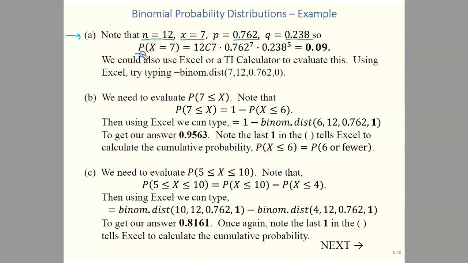So the probability of finding 7 out of 12 drivers wearing seatbelts is going to be 12C7 times 0.762 to the 7, that's p to the x power, times q to the 12 minus 7, or 0.238 to the 5th power. And if you evaluate this, you will find that you get 0.09, so 9% chance.